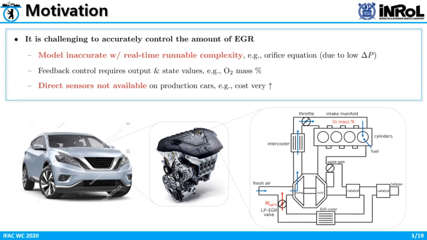Adding some sensors to directly real-time measure these variables in production cars is generally infeasible in terms of cost, robustness, and form factor. For example, oxygen concentration sensor for the intake manifold is very expensive. Therefore, it is important to develop virtual sensors for them.